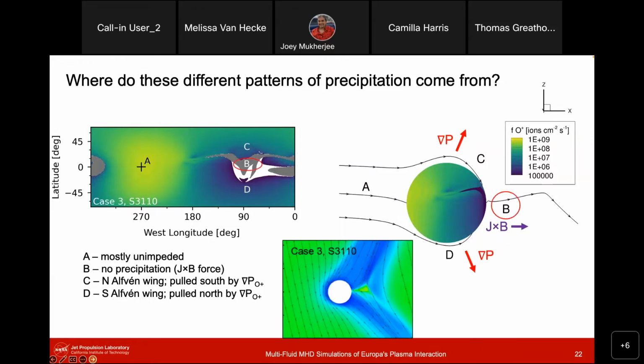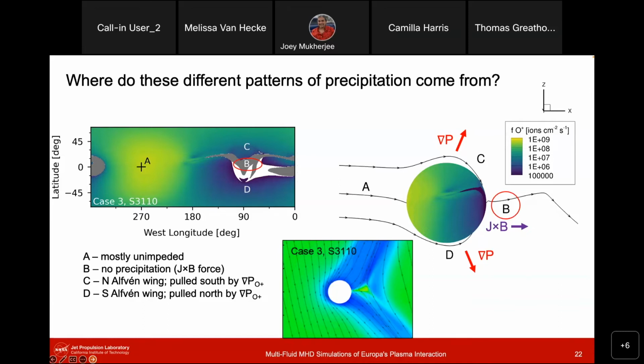The B streamline, on the downstream side, is a parcel of very low density plasma, but it exists in this region where we have this strong J cross B force associated with the curvature of the magnetic field on the downstream side of the interaction, which is pulling plasma downstream and away from the moon's surface.